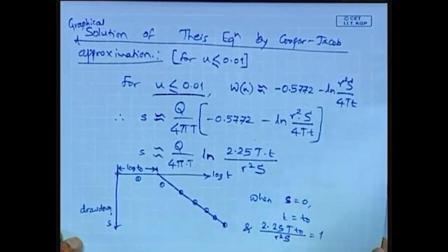Okay. So, therefore, in the Cooper-Jacob approximation, what is done is a semi-log plot of drawdown on the linear scale and time t on the logarithmic scale. The data points having higher time values will have a linear relationship.